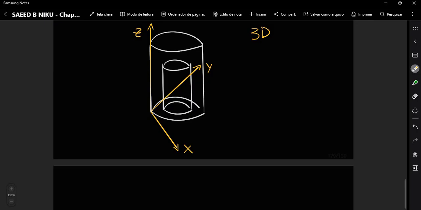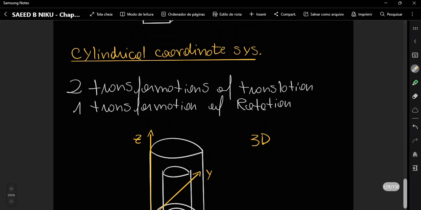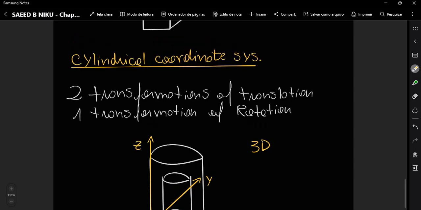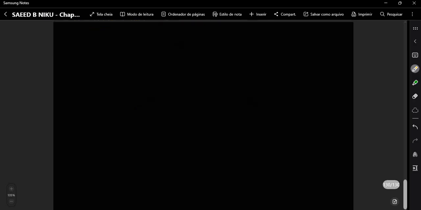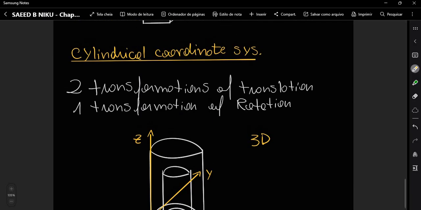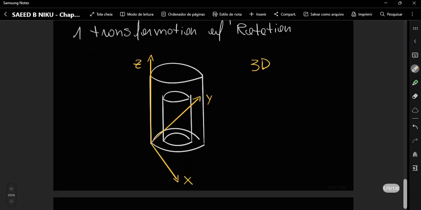Well, on all these coordinate systems, Cartesian, cylindrical, and spherical, which we will discuss in this video, they come with a sequence of transformations.